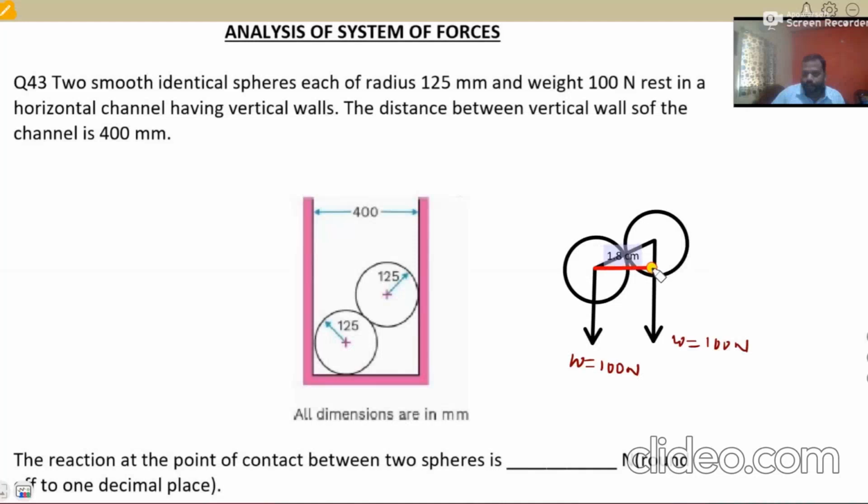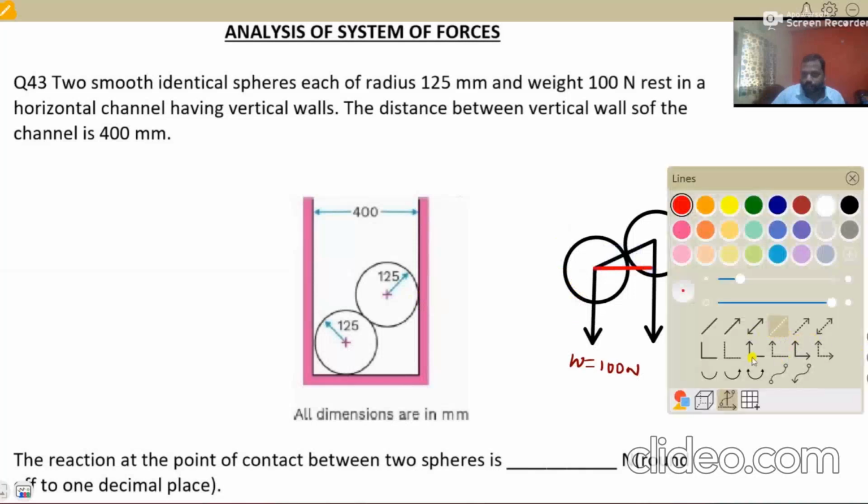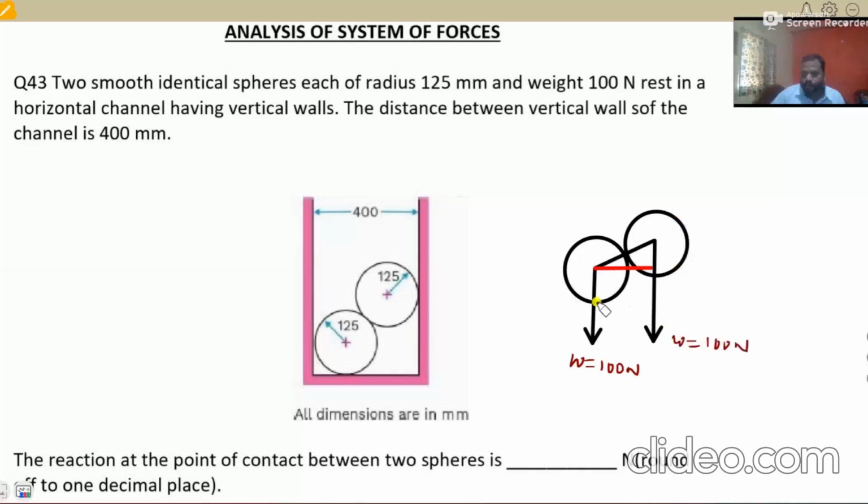I will plot it in this way. What is the distance between these vertical walls? I just use this line.